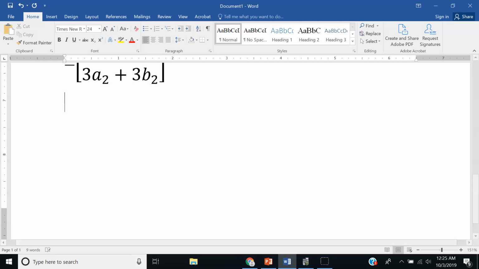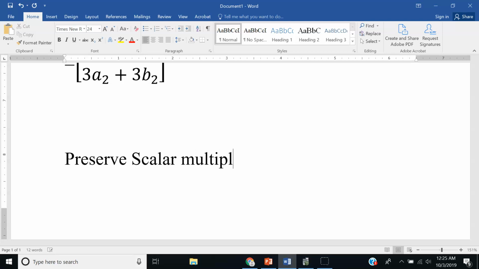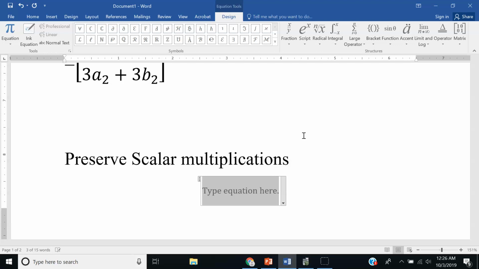All right, so we're going to check if T of a scalar times an arbitrary vector u is the same thing as if you take the scalar after you've transformed.